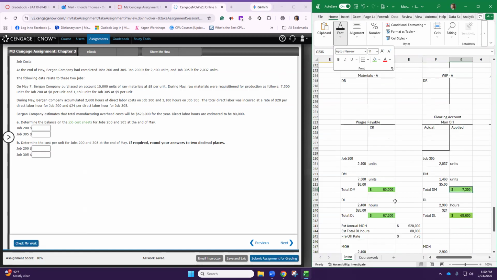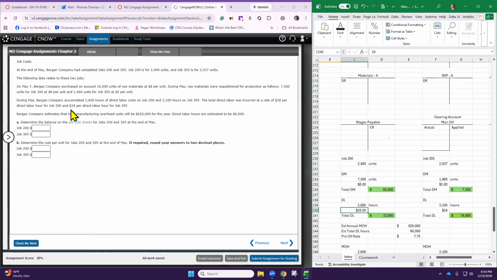Okay, so let's go ahead and make that color that it is. All right, so there's the direct materials. Now we're going to go to direct labor. Direct labor accumulated 2,600 hours of direct labor. So I got to change that 2,400 to 2,600. Then our labor hours for job 305 is 3,100. Now we need to look at the rate that they're paying.